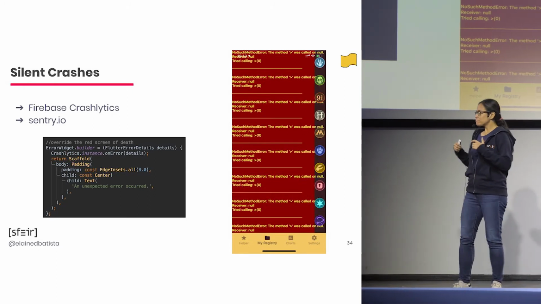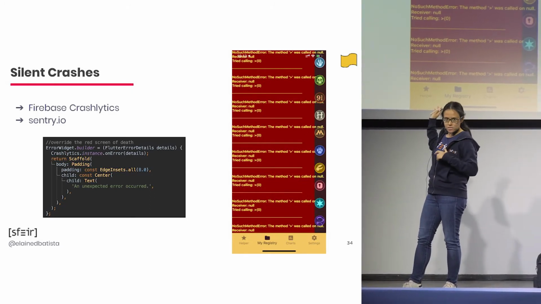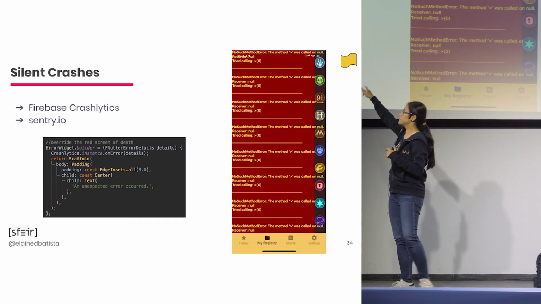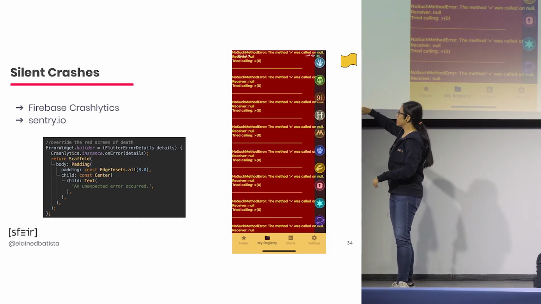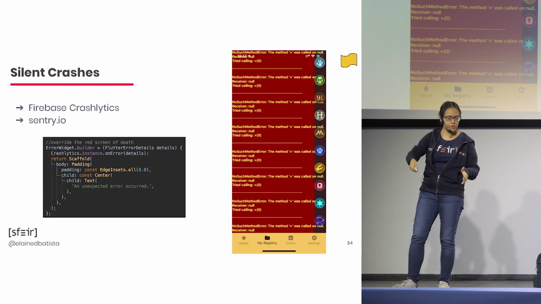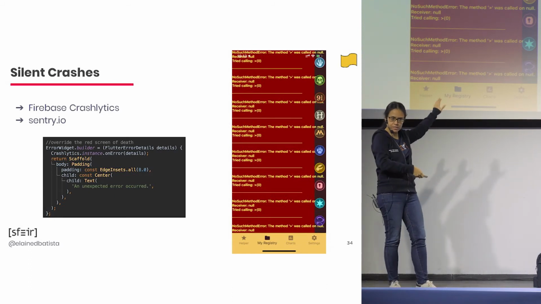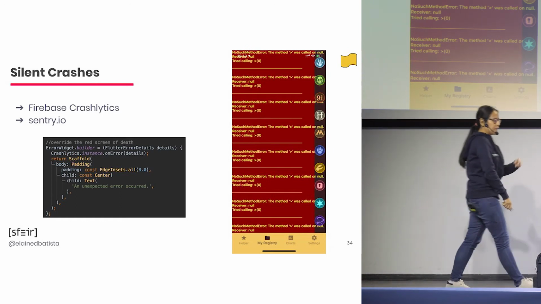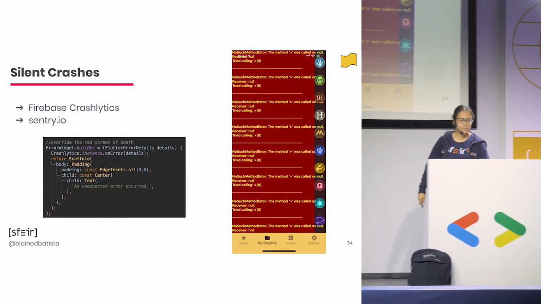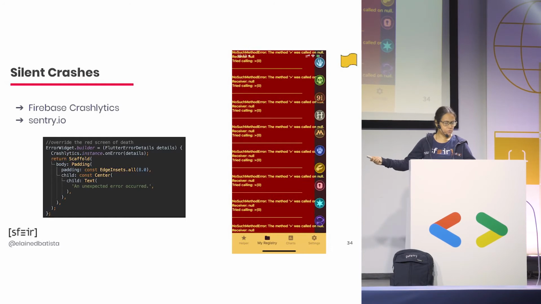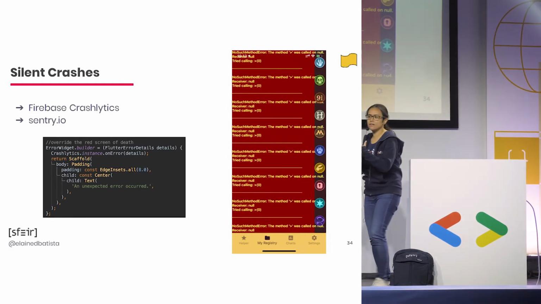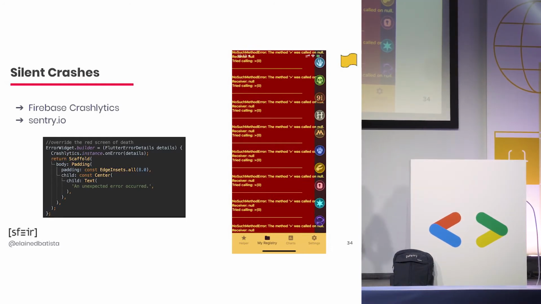And in order to handle this kind of thing, you have to override the error widget builder and do whatever you need to do. So here I'm overriding this error widget, the red widget right here, and I'm doing two things. I'm sending the error to Crashlytics, of course, because errors don't even get sent to Crashlytics if you don't do this.